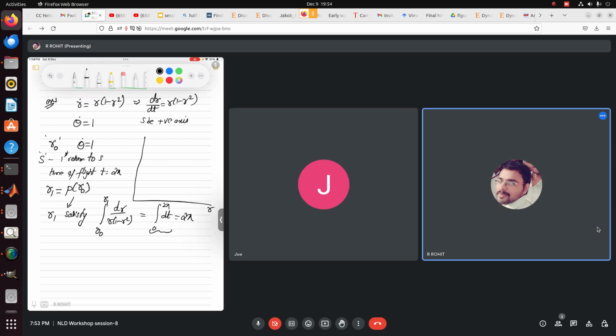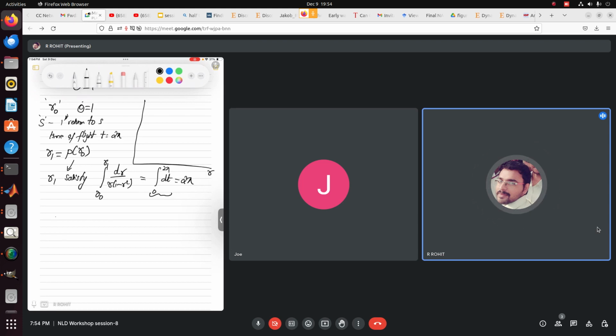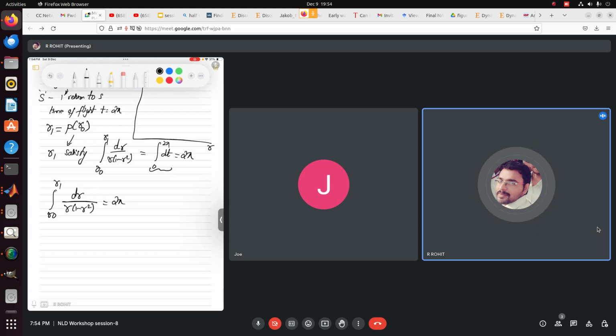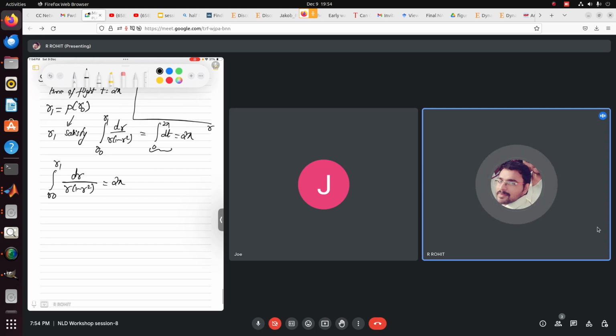So finally the integral r0 to r1 of dr by r into 1 minus r square should be equal to 2 pi. If this condition is met, then you can find the next point r1. Now if you take the integral of this, you will finally boil down to an equation of this form, minus 4 pi times r0 to the power minus 2 minus 1, whole to the power minus half.